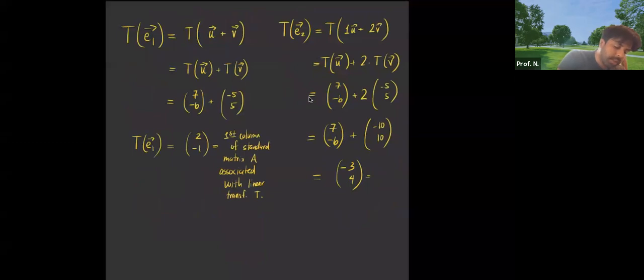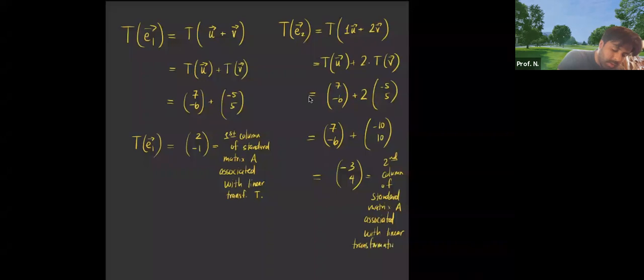This column vector represents the second column of standard matrix A associated with linear transformation T.